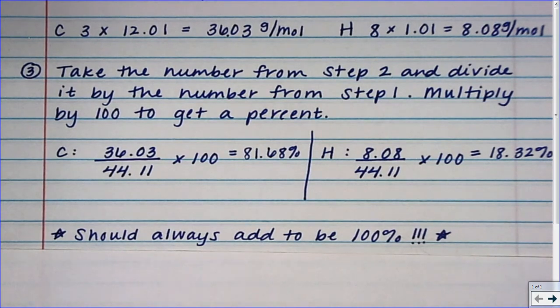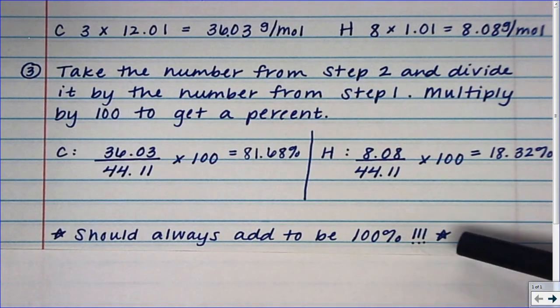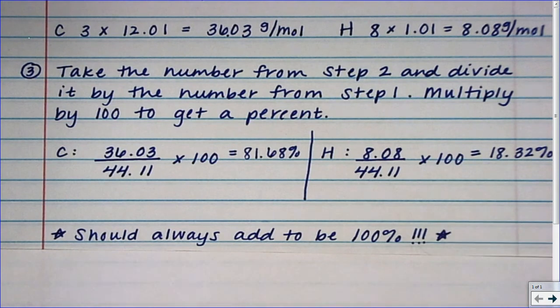In future problems you might have more than 2 elements within your compound, and that's fine. You're just going to have to do the work for all of those elements. If you want to do that last thing, taking the 100% and subtracting the other percentages, you need to make sure that you only do that for one of your elements, no matter how many elements you end up having on your list.